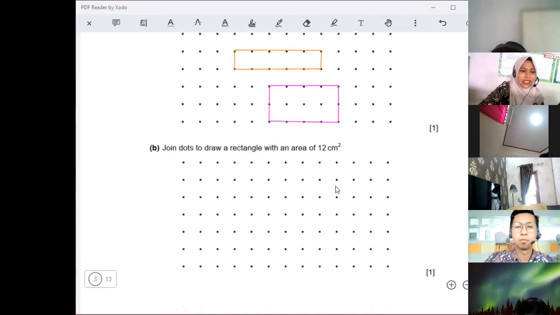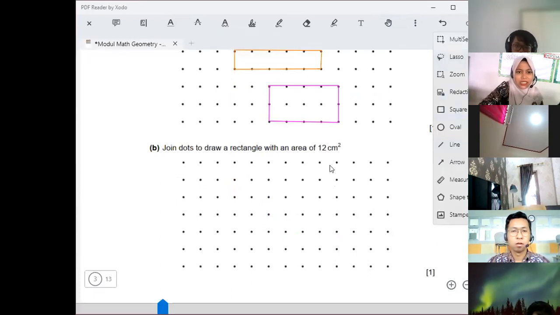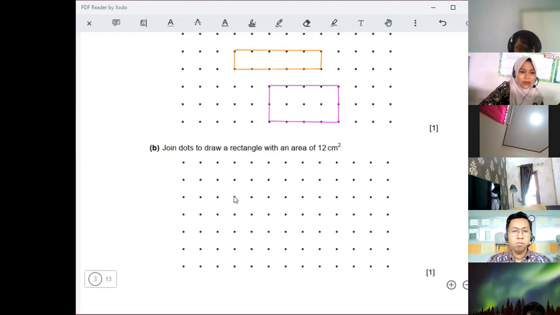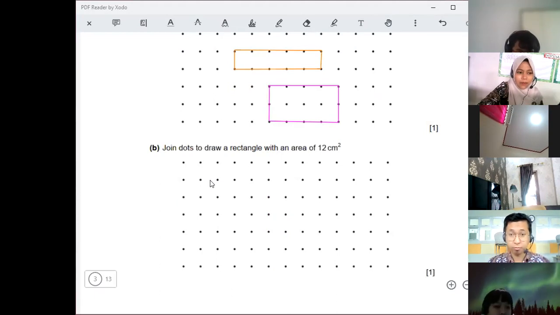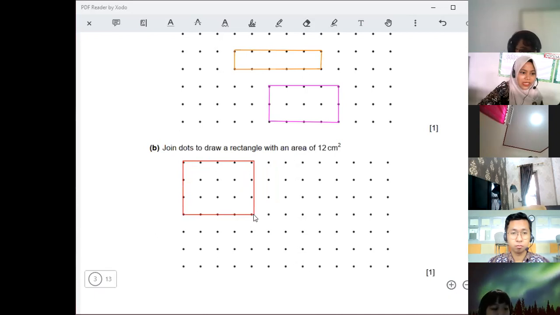Yes. Okay, let's go for 3B. Now it's a rectangle with an area of 12 square centimeters. Can you mention what the measure is, class? Kira-kira ukuran berapa? There are several possible answers. 4 and 3, like this.